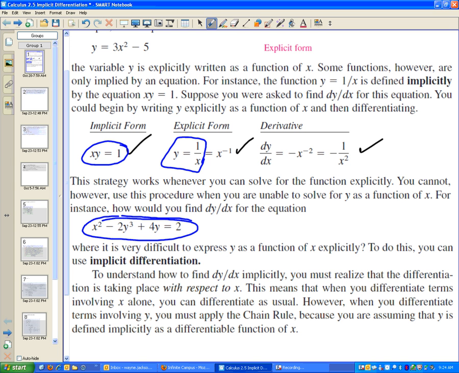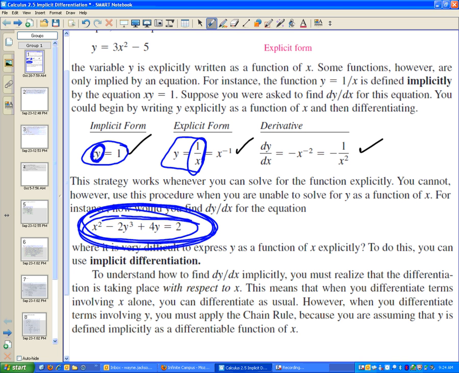So look, y is a function of x, isn't it? It is. It equals 1 over x. So y, even if it's not solved for y, is still a function of x. We just don't know what that is. Y is a function of x. We can plot points and everything, can't we?